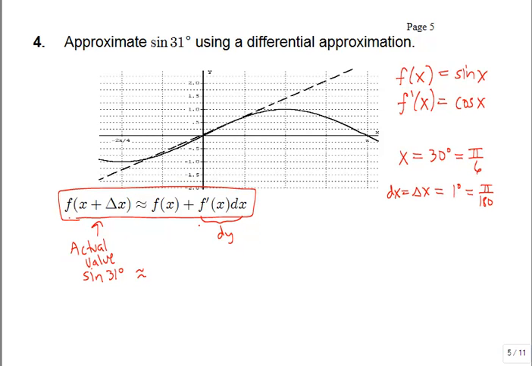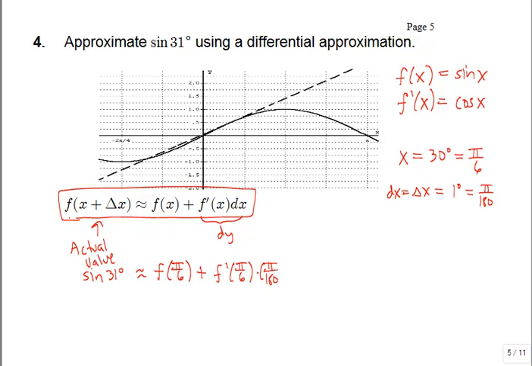We're ready to start plugging in. So sine of 31 degrees is going to be the same as the function value at our easy or good point, which was that pi over 6, plus the derivative at our easy or good point times our differential dx, which is this pi over 180.